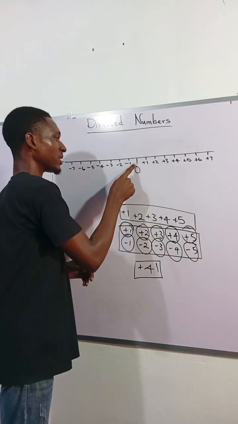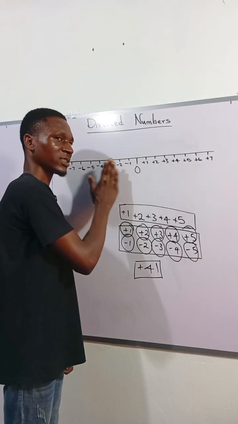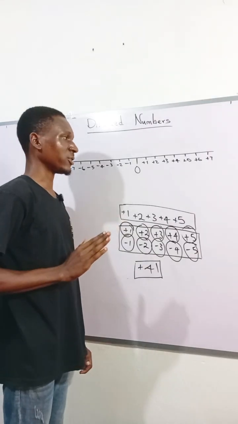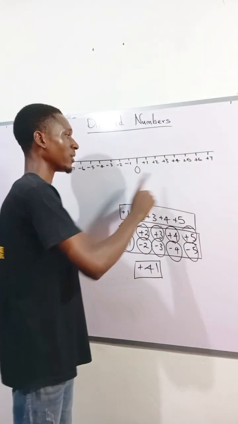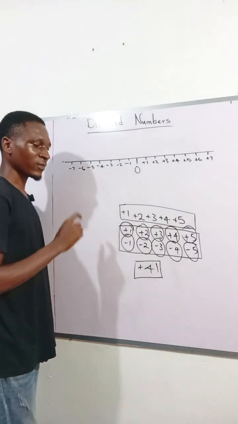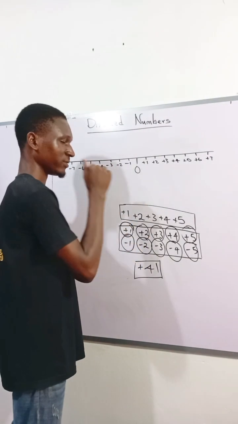Now all these numbers start from 0. 0 is not positive and it is not negative. It is a neutral number. But other numbers are either positive or negative. If the number is written without a direction, just know that it is positive.